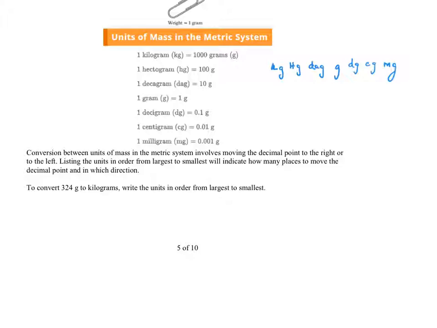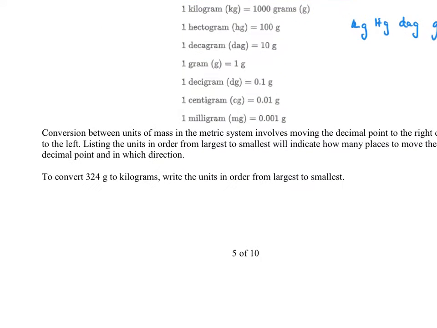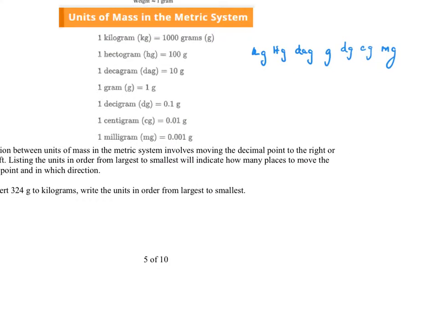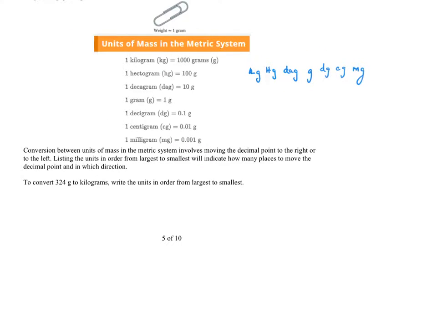So let's look at this one. Convert 324 grams to kilograms. So think about what that would be. If we started off with grams and we wanted to go to kilograms, we would be moving the decimal left 3, or we could divide by a 1 with 3 zeros, which would be the number 1,000.